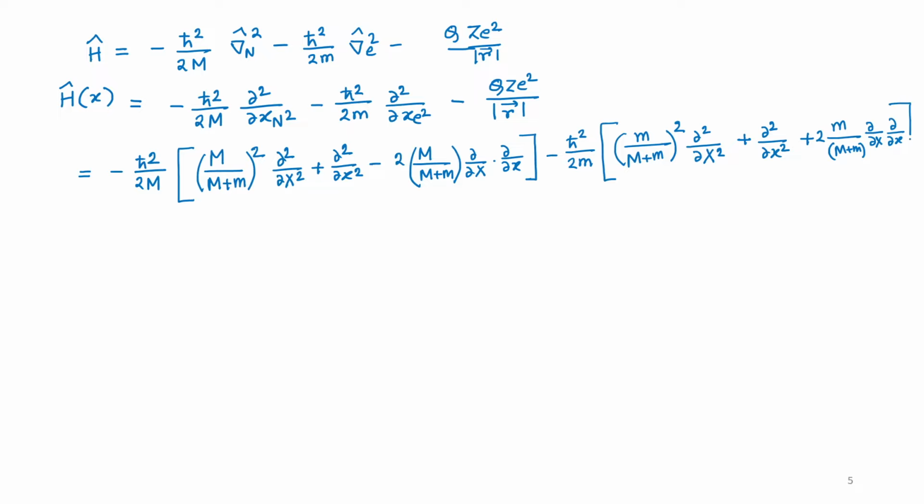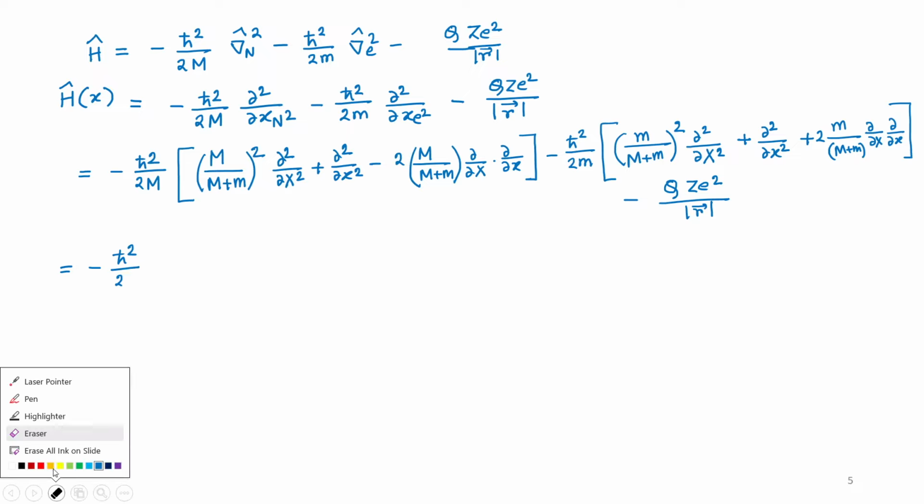small x, and don't forget the potential energy term. So ultimately we'll have something like minus h cut square by 2m. Actually I can erase this.